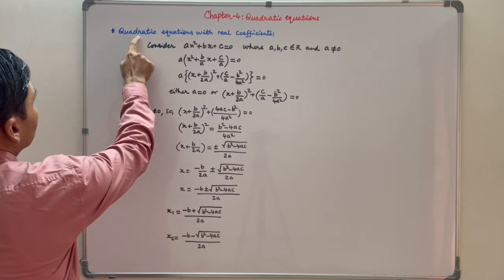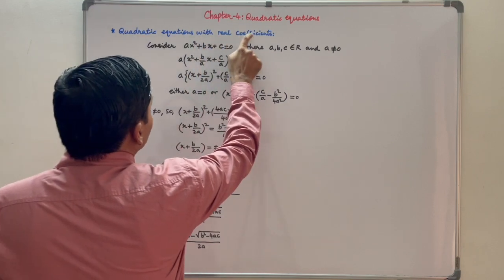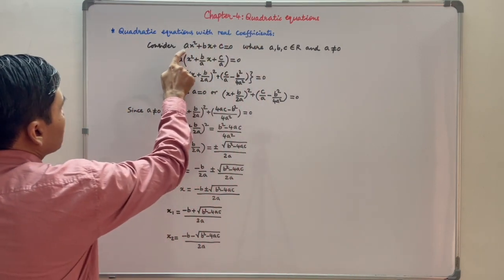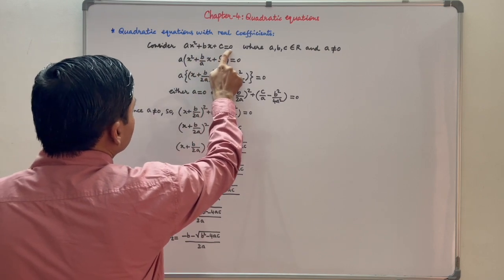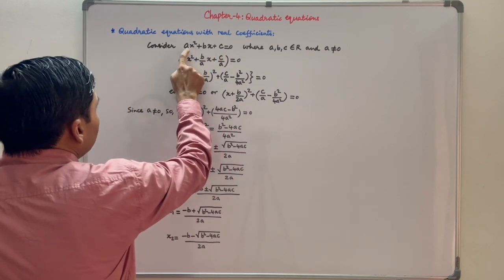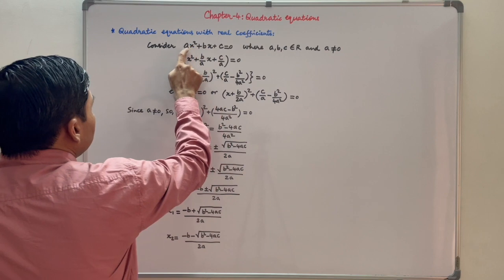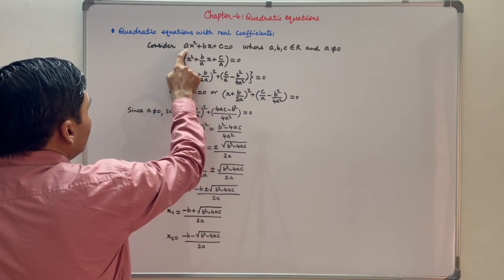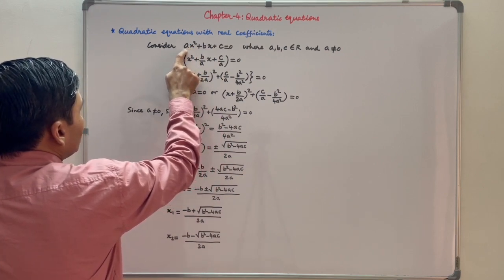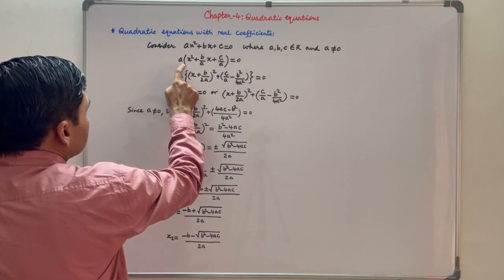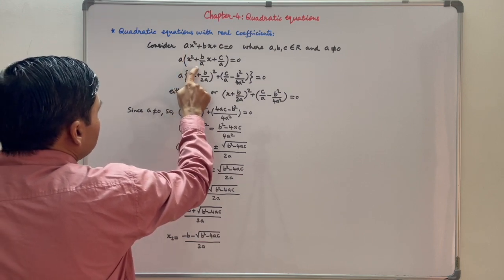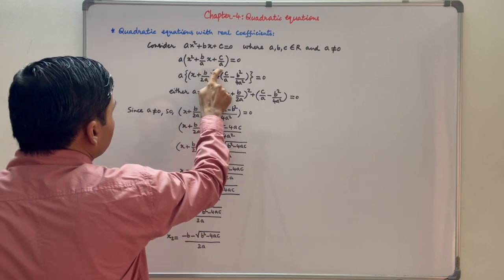Now let us see quadratic equations with real coefficients. Consider a quadratic equation ax² + bx + c = 0, where a, b and c are real and a is not equal to 0. We will find a formula to calculate its roots. Take a common. So inside the bracket it is x² + (b/a)x + c/a.